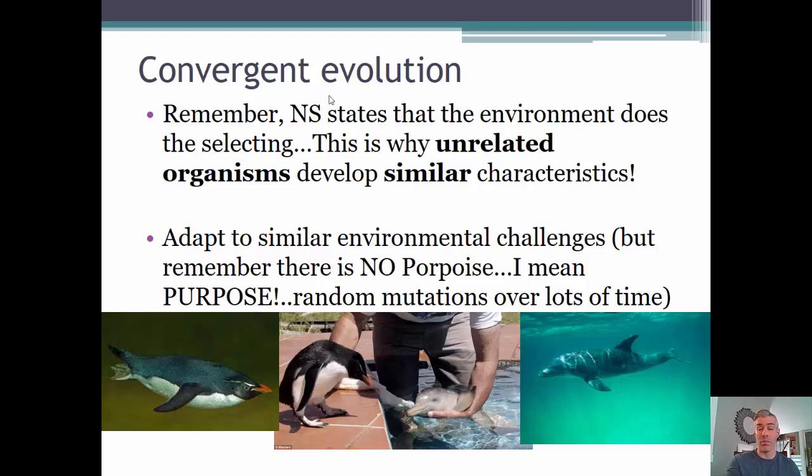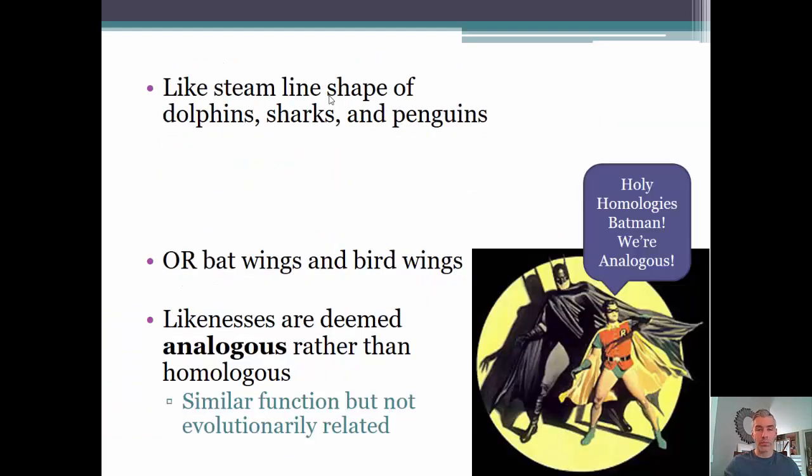The penguin is a bird that developed this completely independently, not evolutionarily related structures. The flippers of the bird are not evolutionarily related, at least in terms of their function, to the flippers in a dolphin, but they do have a similar shape because it allowed them to move through the water better and allows them to survive better in those particular environments.